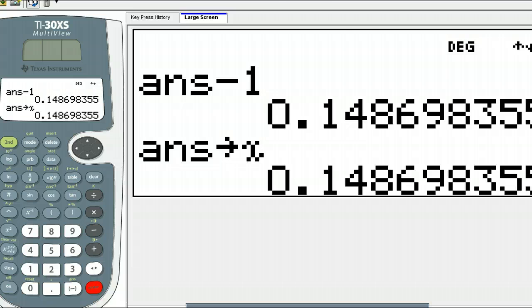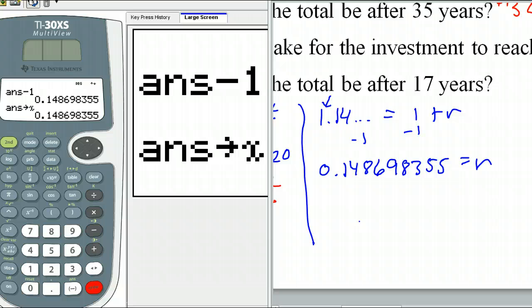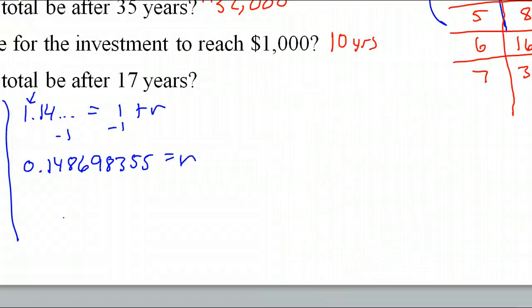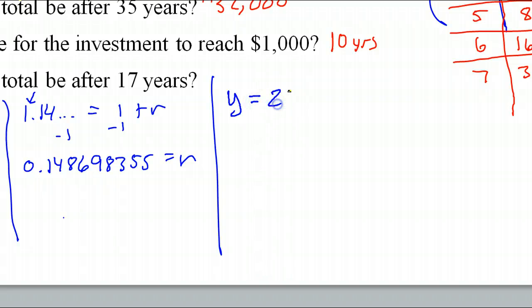Now I've got my equation, okay? So the equation, now that I have r, that means the equation is y equals 250, okay? Now we're supposed to do 1 plus r. It was silly because I subtracted 1 from both sides, but I really want 1 plus r right here anyway, don't I? So I was about to have to add 1 back again. So I could have just left it 1 plus r.